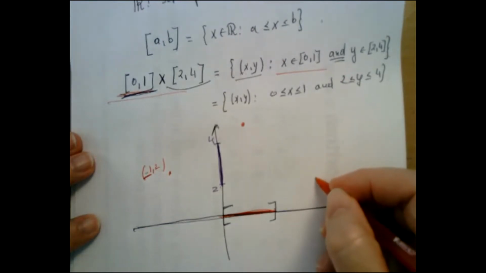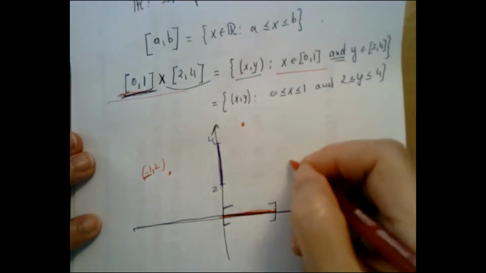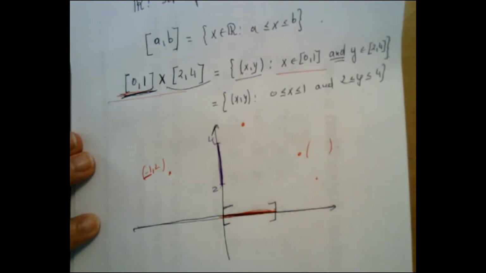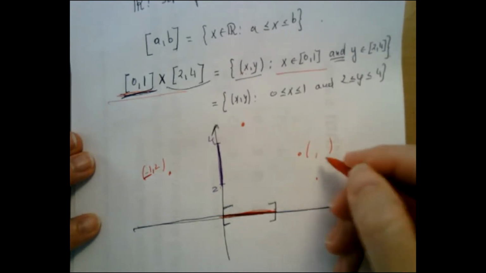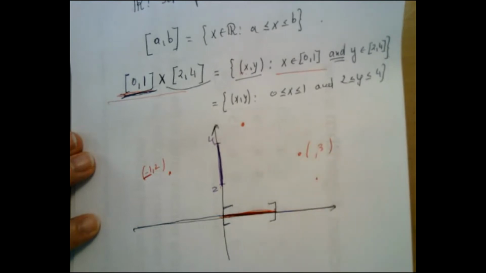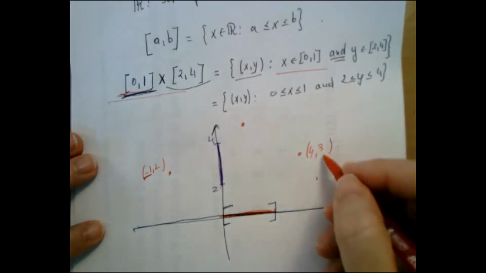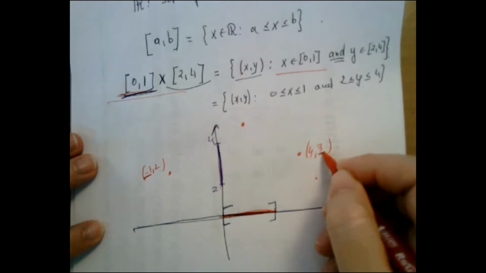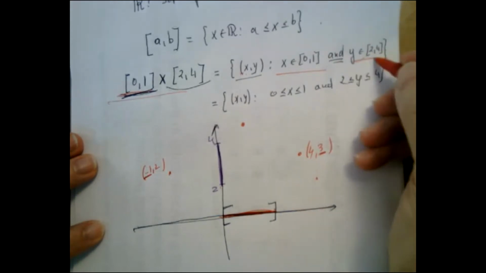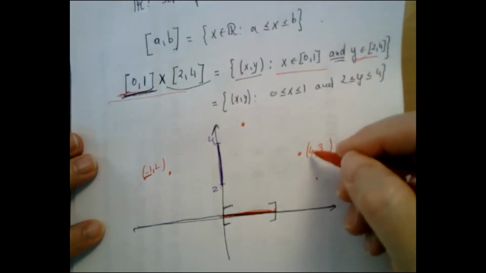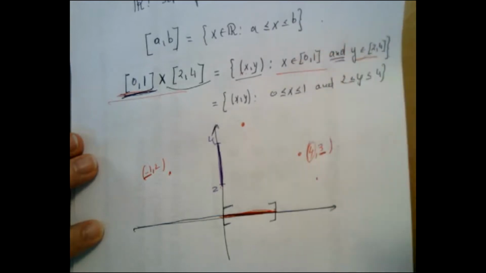A point right here, let us say this point, I'm making it up, let's say 3 from here and 4. Is this in the Cartesian product? No, because the y is satisfied, but x is not in [0, 1]. It means it's not in the Cartesian product.